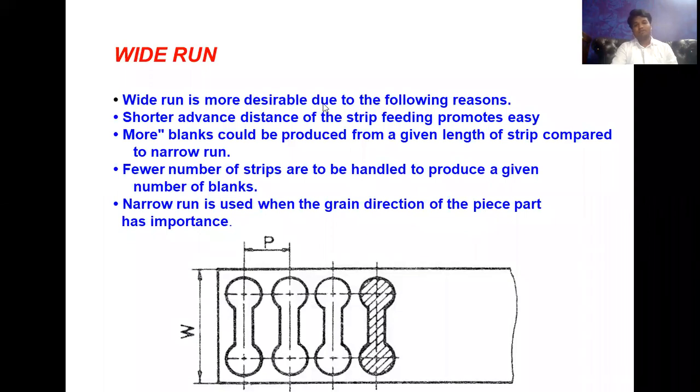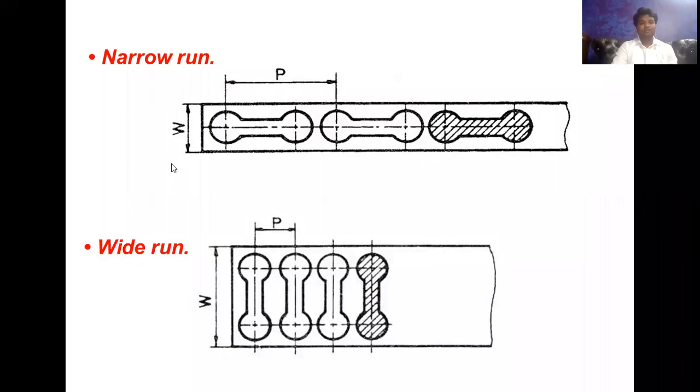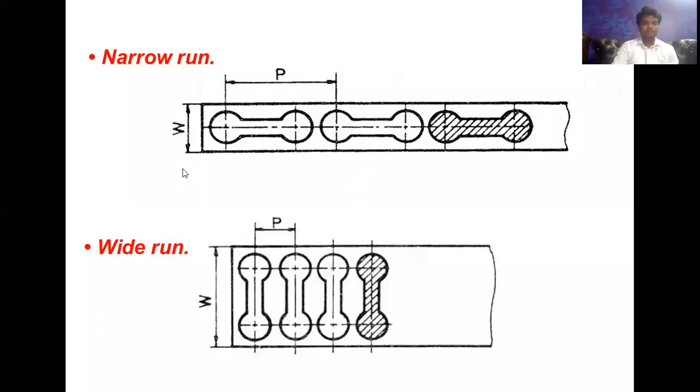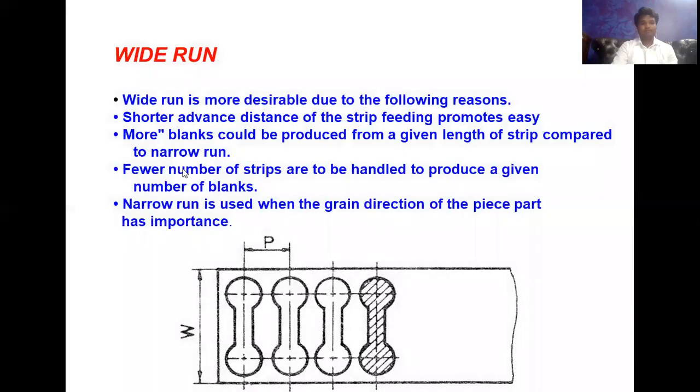So wide run is more desirable due to the following reasons. Among the two types of single row one pass layout, wide run is the most desirable. So we will see the reasons why it is much desirable in the blanking operation.